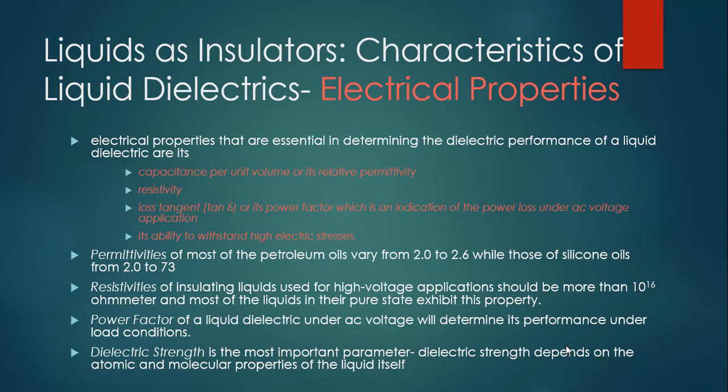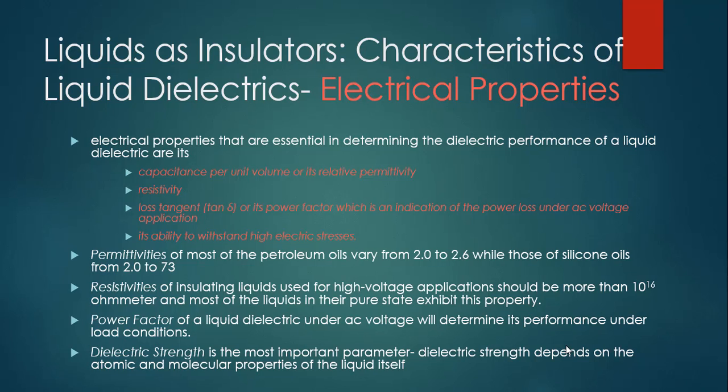Dielectric strength is the most important parameter in the choice of a given liquid dielectric for a given application. The dielectric strength depends on the atomic and molecular properties of the liquid itself.